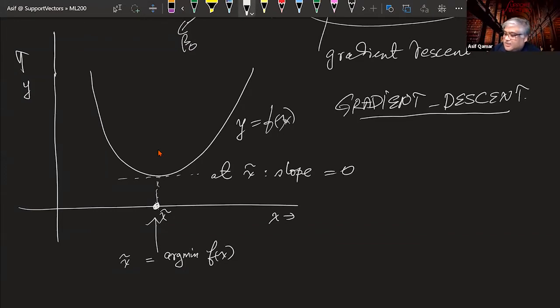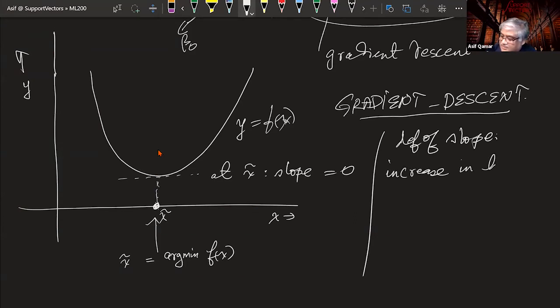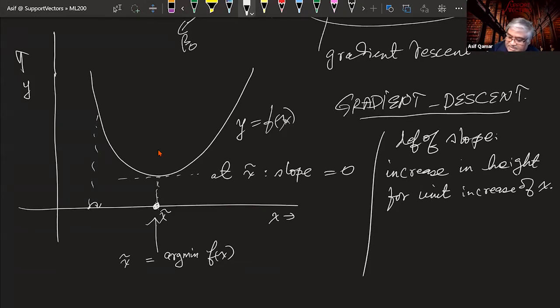Now, let me remind you, the definition of slope is the increase in height for a unit increase of x. Suppose I'm here at this point. If I make a small increase, delta x, this is the step forward.